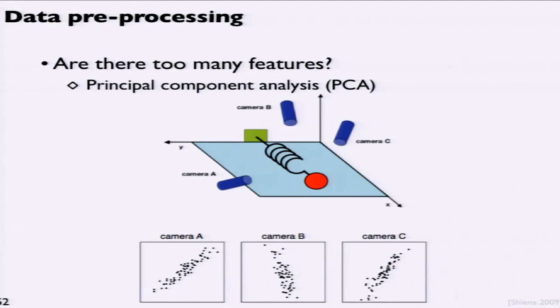but it's being expressed in a high number of dimensions. A nice cartoon for this is, maybe I have 3 cameras, and they're looking at this ball on a spring that just moves in a straight line. It's a very boring ball. For each of these cameras, I have 2 dimensions of information, the horizontal axis and a vertical axis. But fundamentally, we know that there's only really 1 dimension of information here.